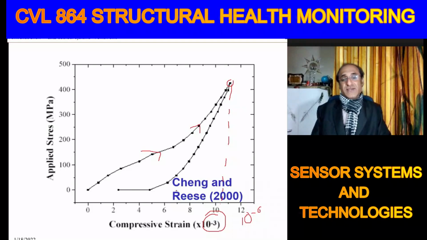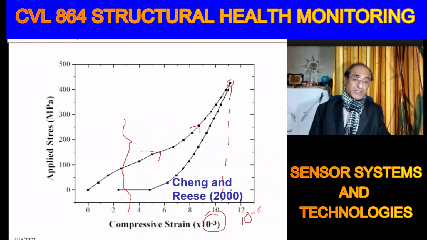Now how much is the strength of concrete in compression? Concrete is somewhere here. Concrete, as we know, is 3500 microstrain in compression, 0.0035. So compared to that, piezo is very, very strong. It can withstand very high strains, higher than 12,000 microstrain, even 13, 14 or 15,000 microstrains in compression, very easily.